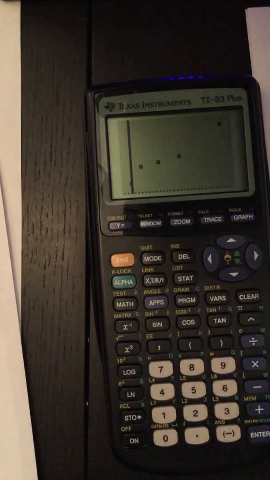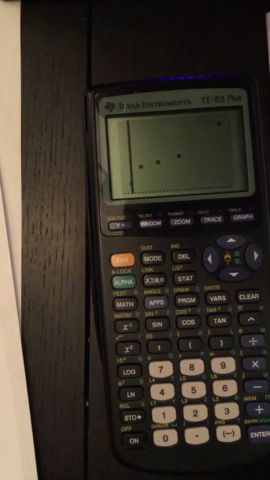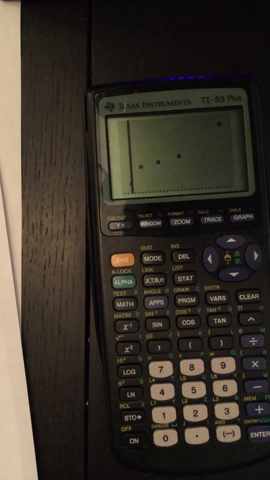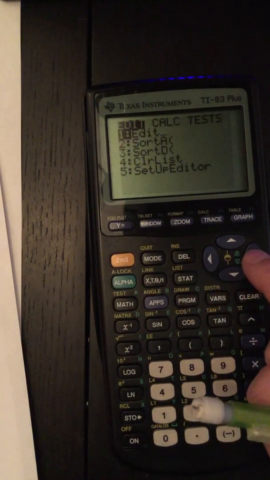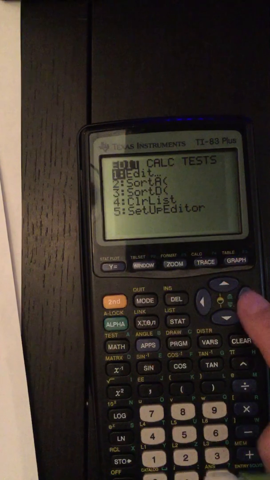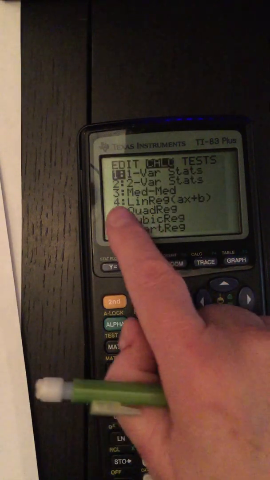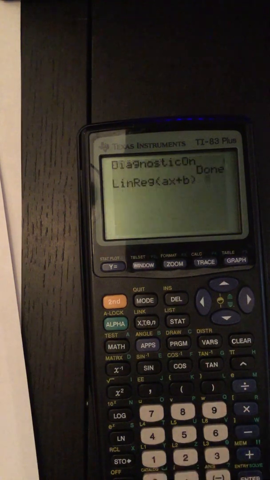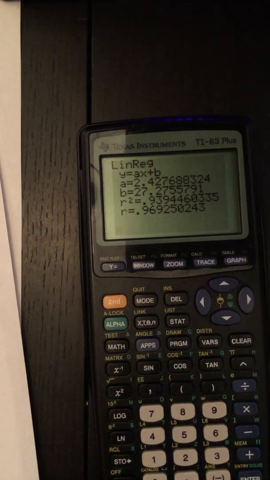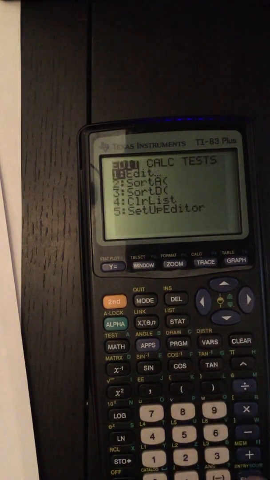Now we have to do our regressions to figure out which one is the best, right? So, linear regression, we're going to start with that one. Stat, arrow over to calc, linear regression, it says that right there, is number 4. Oh, let me do that again because I didn't put in my L1, L2.